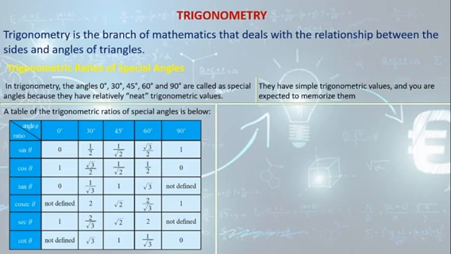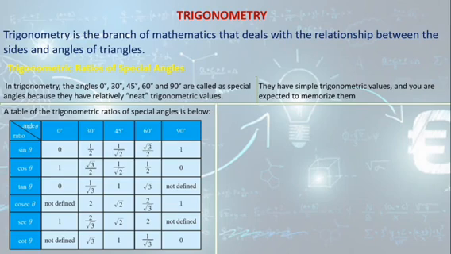So cosec theta would be 1 divided by sine theta. That's the reason why if you look at sine 0 degrees, the answer is 0, and then you look at cosec 0 degrees, it is undefined because 1 divided by 0 will give you undefined. Cosecant of an angle is the reciprocal of the sine of that angle.